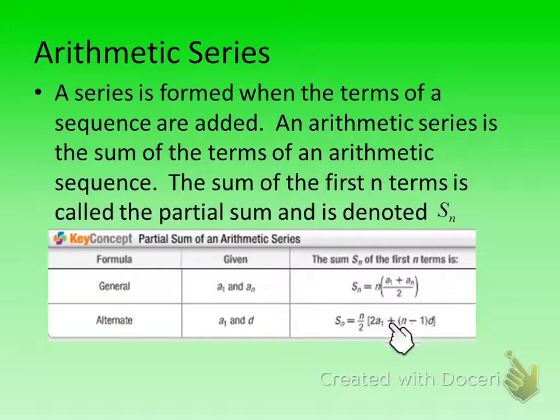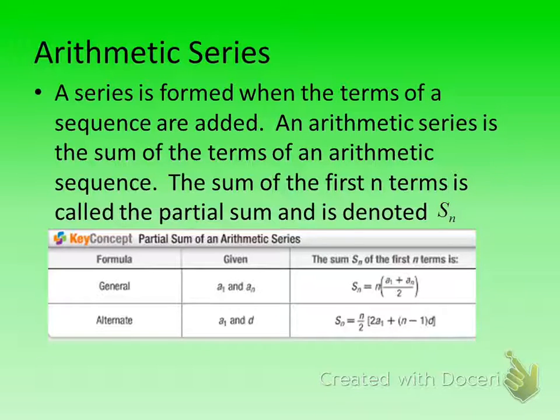For both of them you have to know a sub 1 and a sub n, and for the alternate you have to know what d is also. The general one you don't. If you guys find one where you have to use the alternate, or if I find one, let me know. I haven't found one yet.